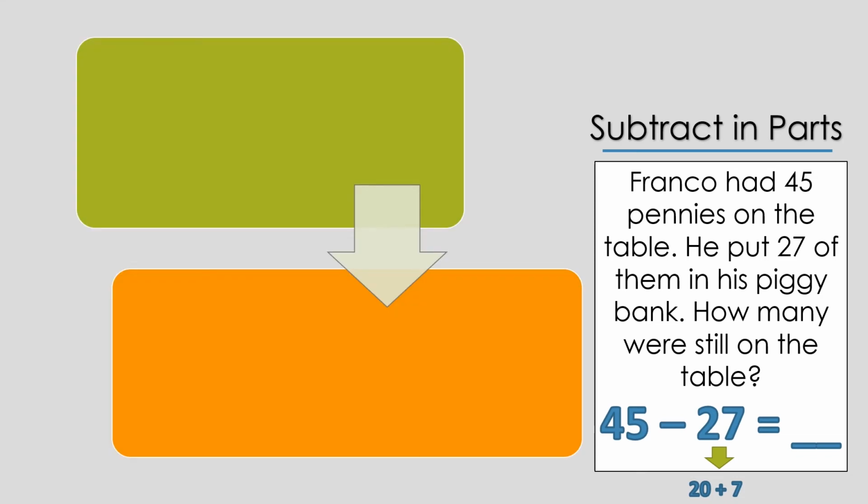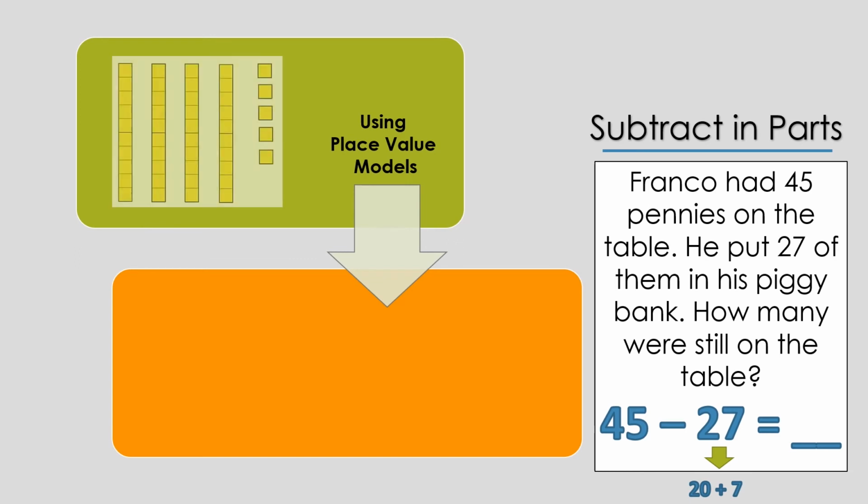We can use place value models to represent this problem. Franco started with 45 pennies. That can be represented with 4 tens rods and 5 units. Then to subtract 27, we can first subtract 20 by taking away 2 ten rods. Then we need to take away 7 more.